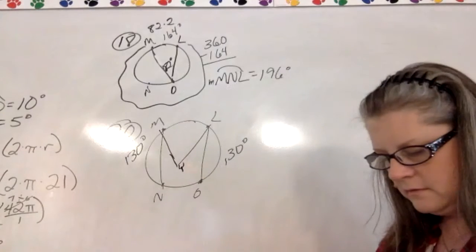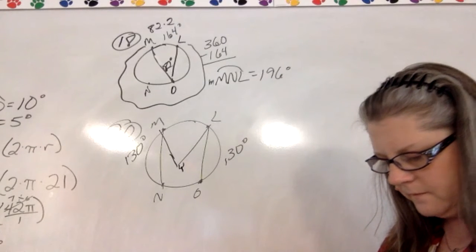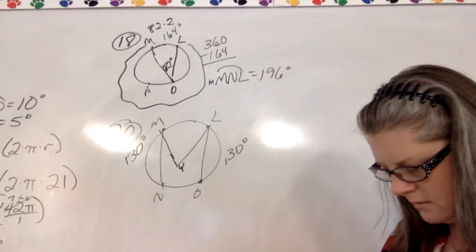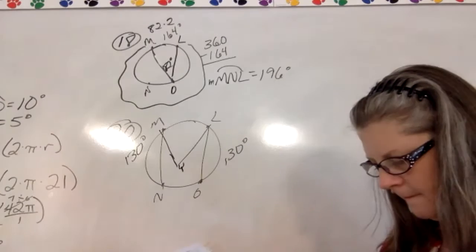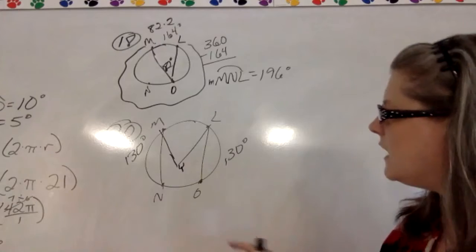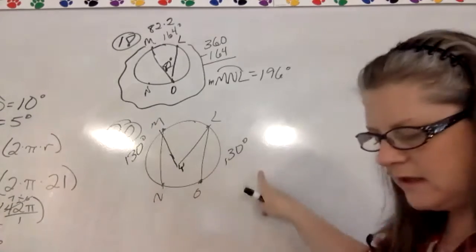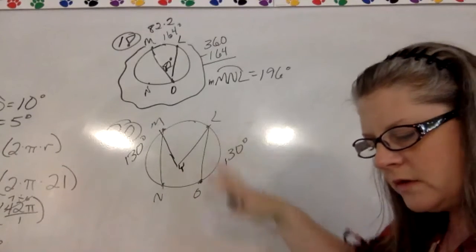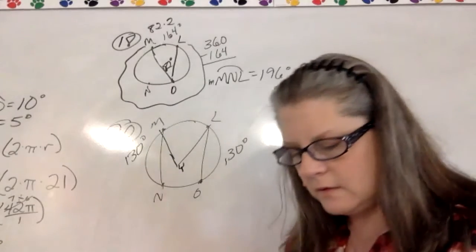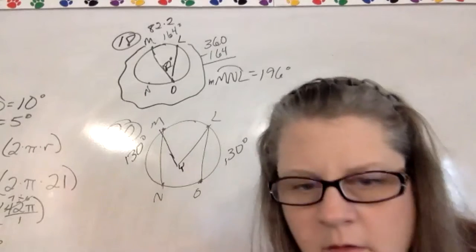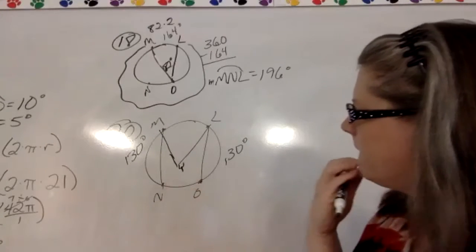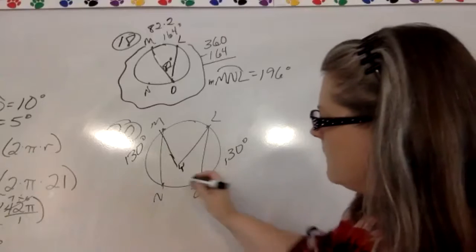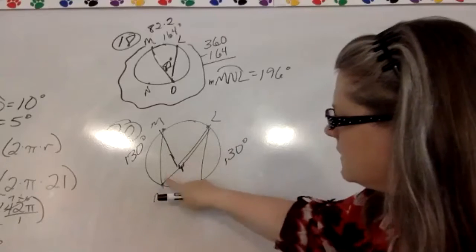Okay, right? Am I looking at the right one? Yeah. All right, so what we've got, if this is 130 and this is 130, what's the whole circle equal? Or do we want to just find out what this angle down here is equal to?